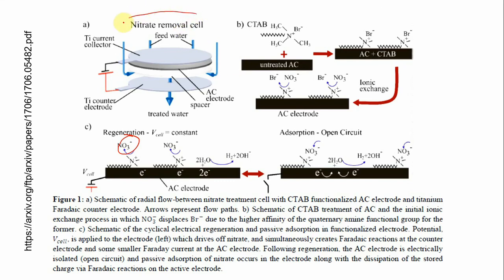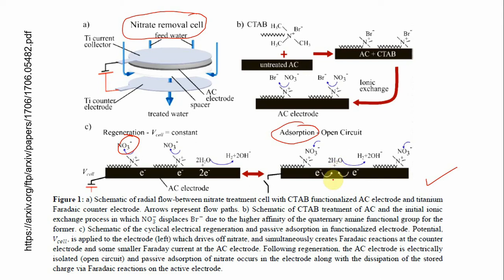This is an example of a nitrate removal cell in which the adsorption process is also taking place, and adsorption is used as a way to remove nitrates from polluted water. You can check the details. I will give you the link of the paper in the description or in your course Teams account, so you can study it if you want to check the details.